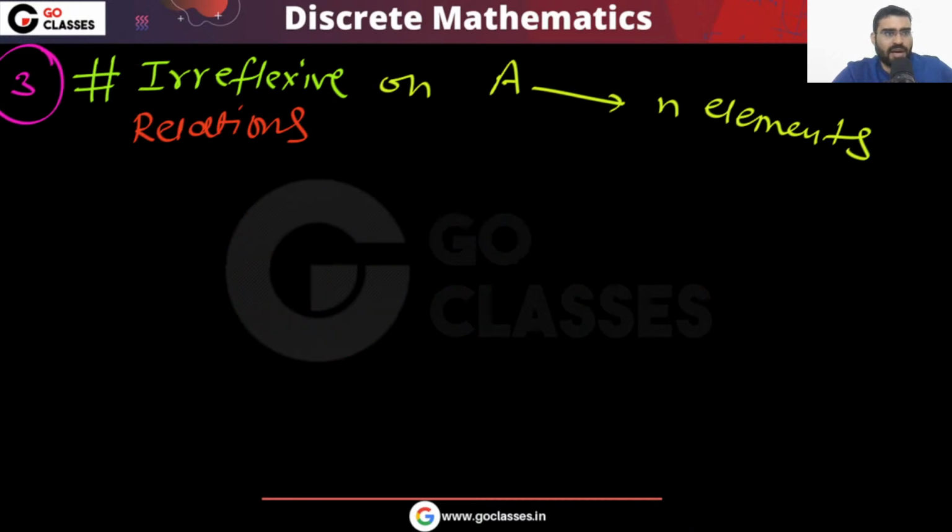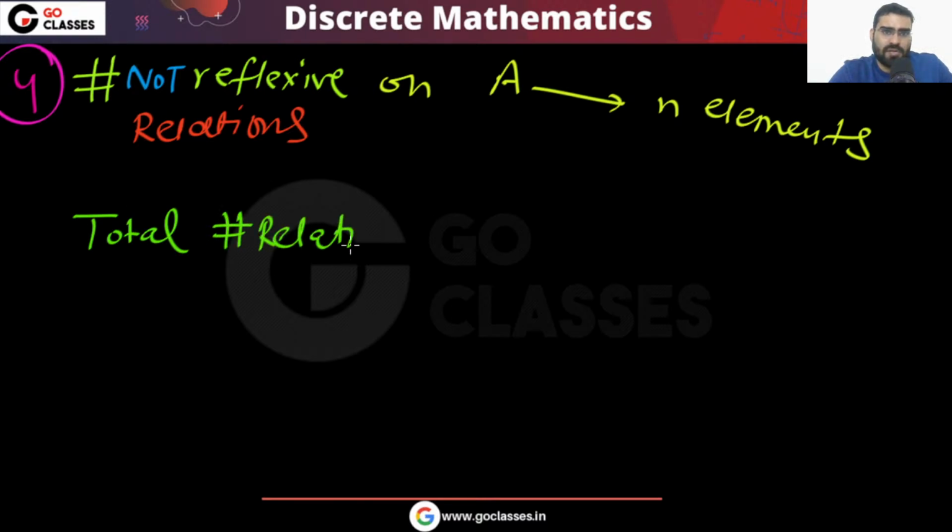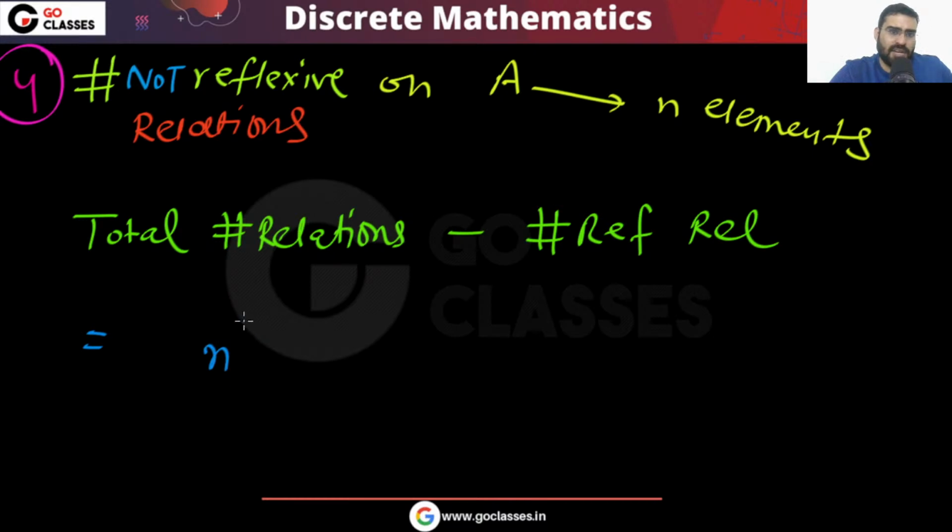So if I ask you, what is the number of relations which are not reflexive? That will be the total number of relations minus the number of reflexive relations, correct? The total number of relations is 2 power n square, minus the number of reflexive relations, 2 power n square minus n.